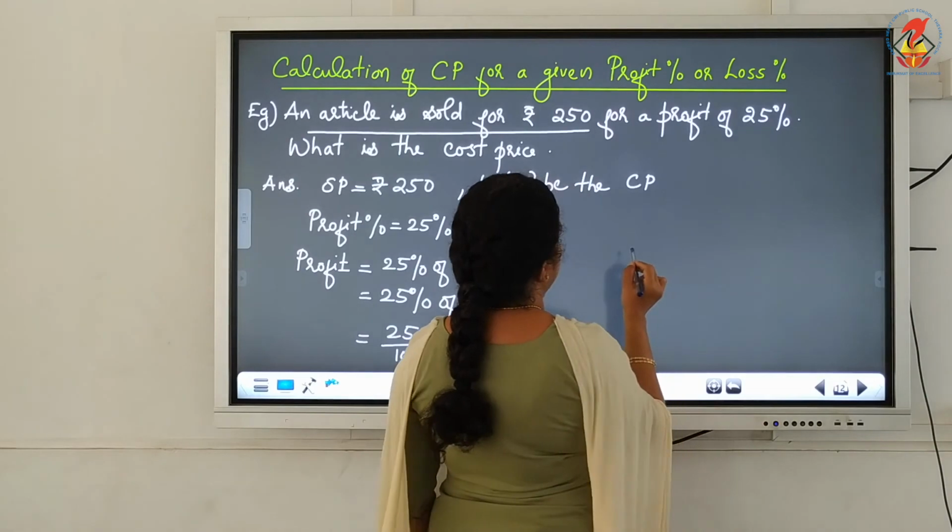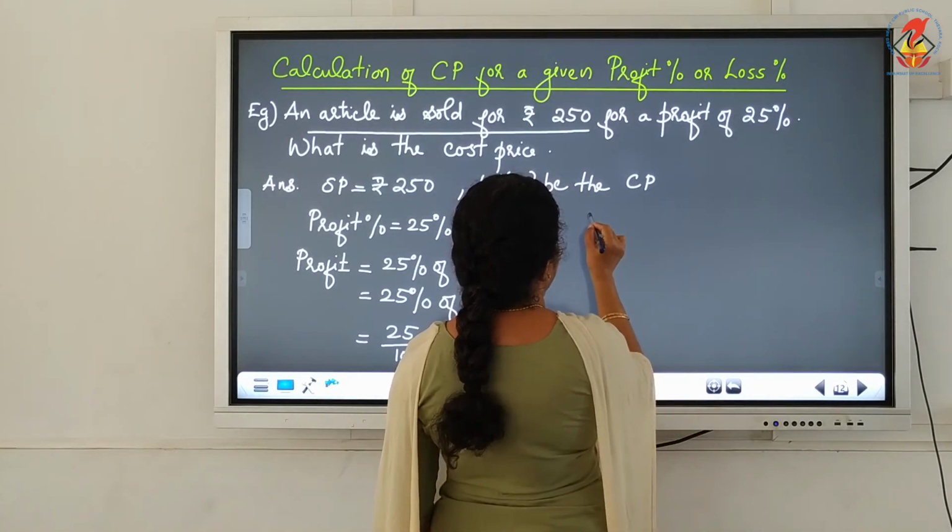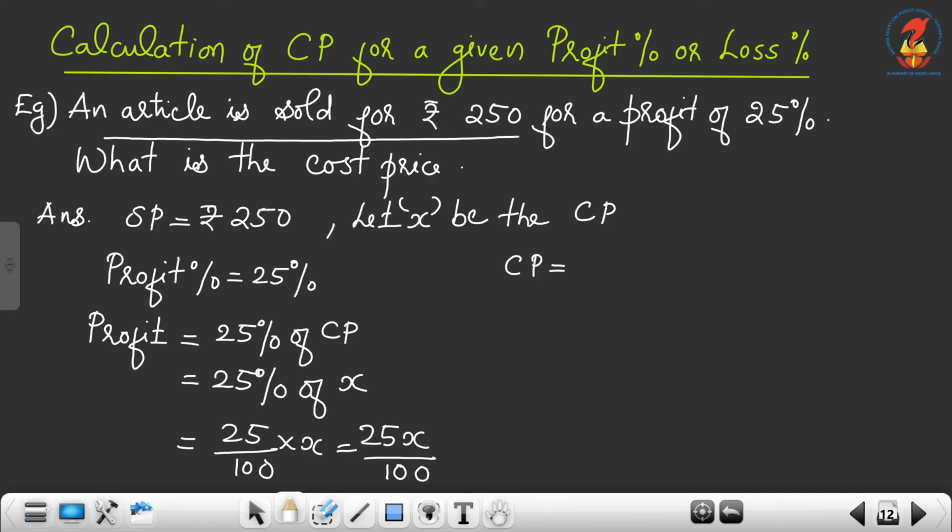So here we have to find out the cost price, and the cost price is equal to selling price minus profit. Here the profit is given. So profit is given means selling price will be greater, cost price will be lesser. Therefore cost price is equal to selling price minus profit.